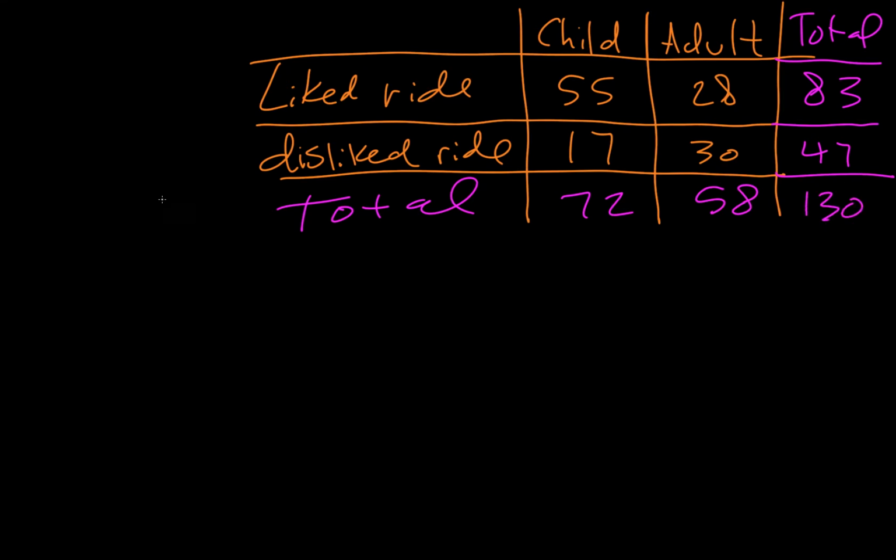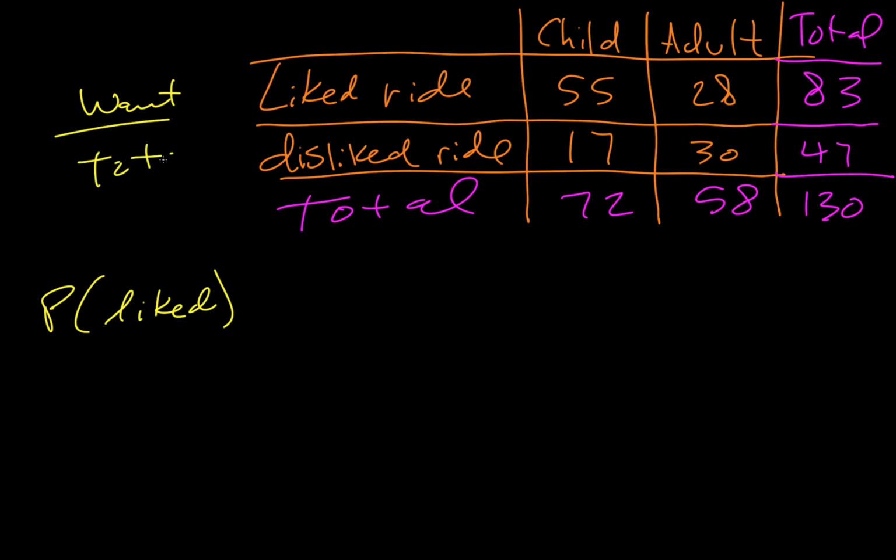Now, like I stated before, we want to find the probability that somebody liked the ride. And so we just need to focus on this total. 83 is what we want, remember we're doing this idea of what we want divided by the total. So there's 83 people who liked the ride.